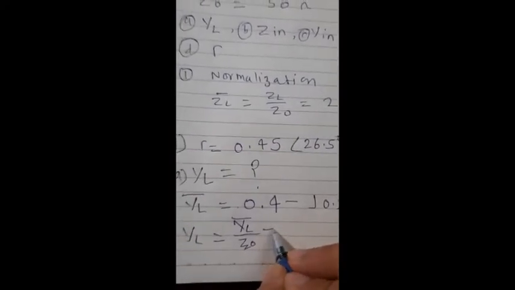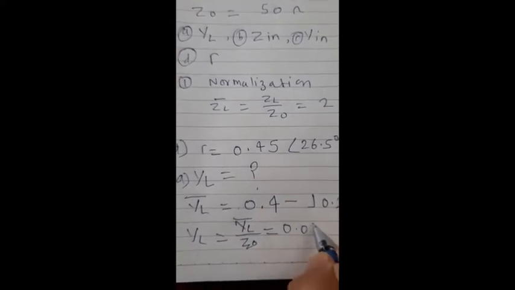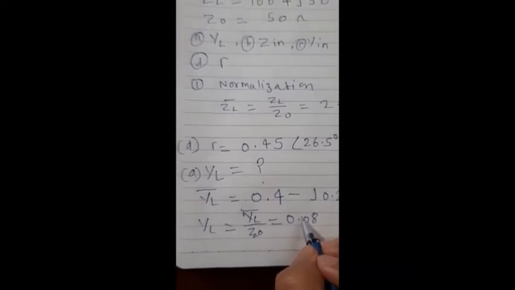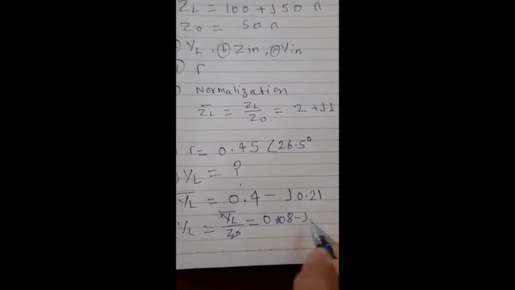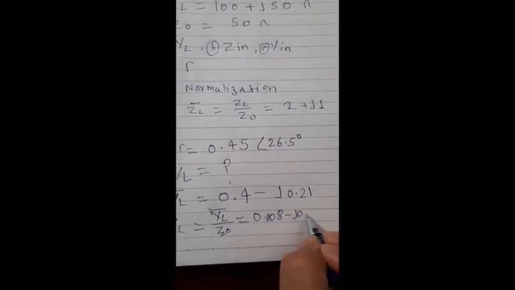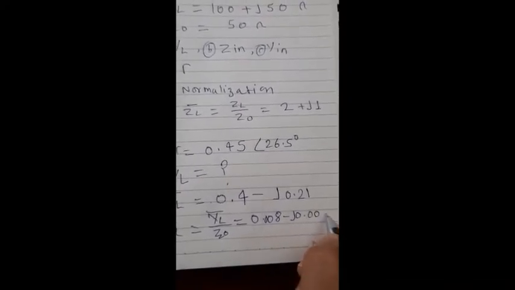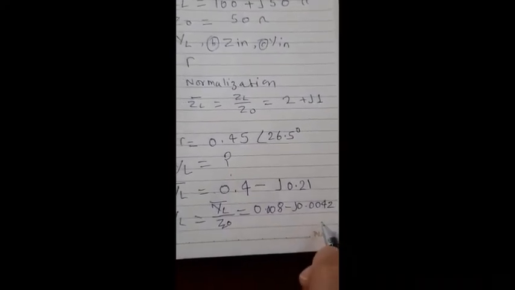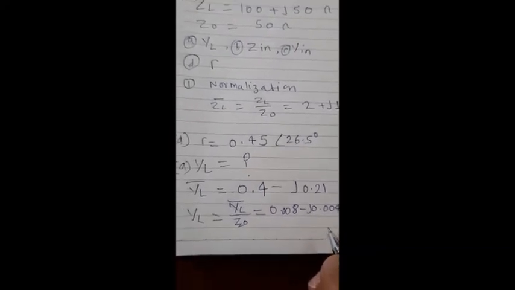Okay, so it will become 0.008 minus j0.0042. So this will be the value of YL.